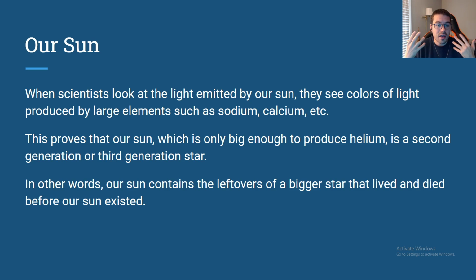However, we can tell that there are other big elements in our sun that our sun can't produce. So that means our sun has to contain the leftovers from a bigger star that lived and died before our sun existed. And that's why we know that our sun is a second or third generation star, due to that evidence. Okay, that is it for this lesson.